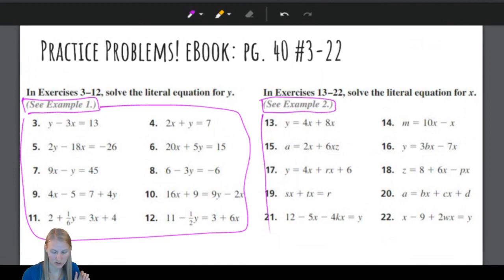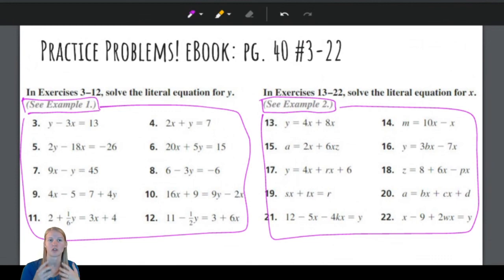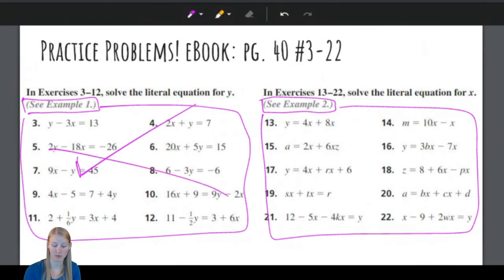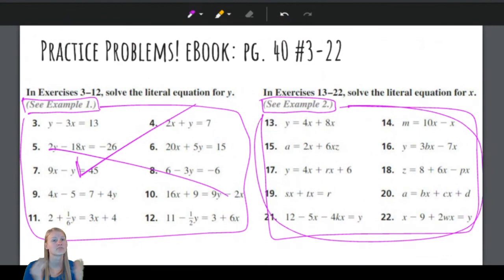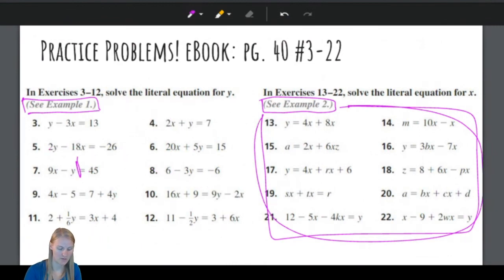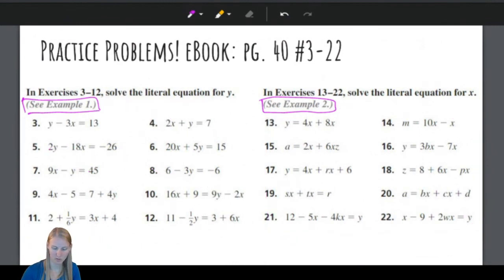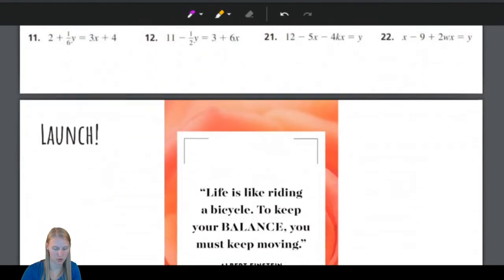That means that all of these questions are just like the second example that we did. So, if you know how to do example 1 problems, they feel good, cool, maybe you don't do these ones. But maybe you struggled with example 2, so you really want to work on these. Whatever works for you. Okay, so those are the practice problems should you want them.